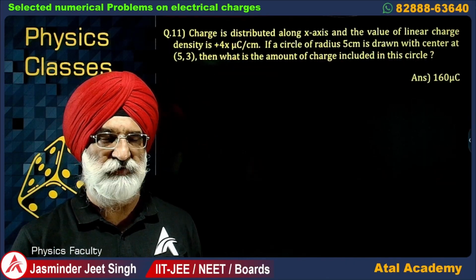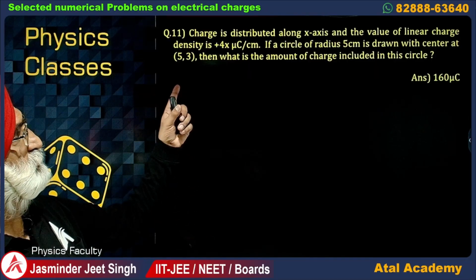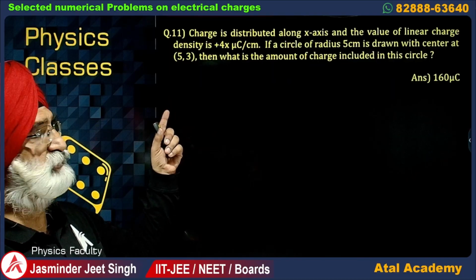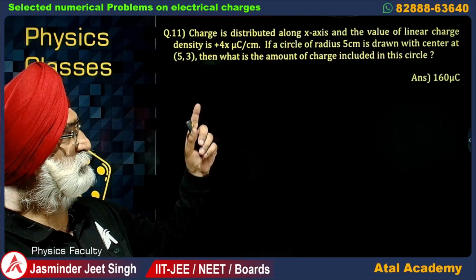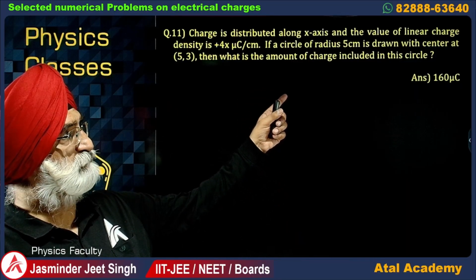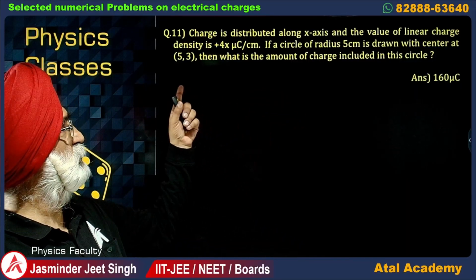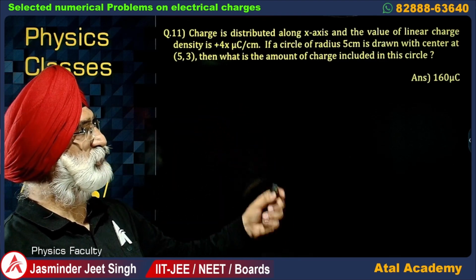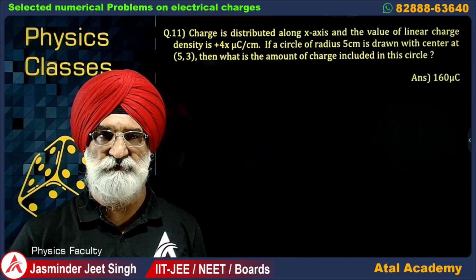Numerical number 11. Charge is distributed along x-axis and the value for linear charge density is 4x microcoulomb per centimeter. If a circle of radius 5 centimeters is drawn with center at (5,3), then what is the amount of charge included in this circle?